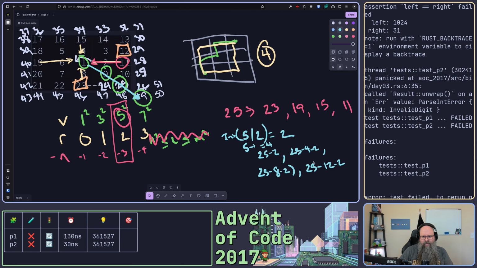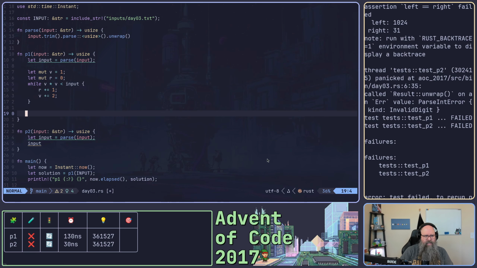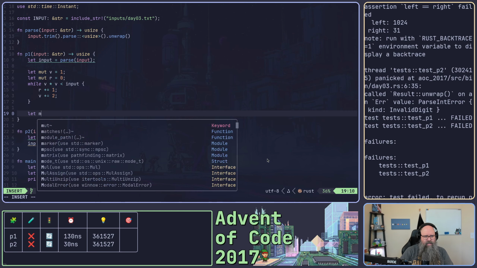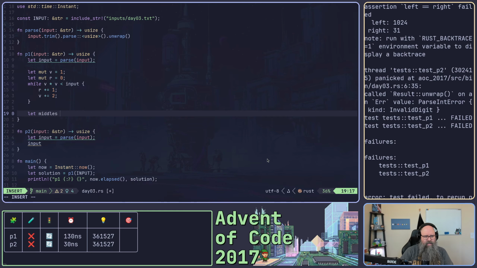So now we need to do this math over here. So we're going to say let midpoints equal, what were they?